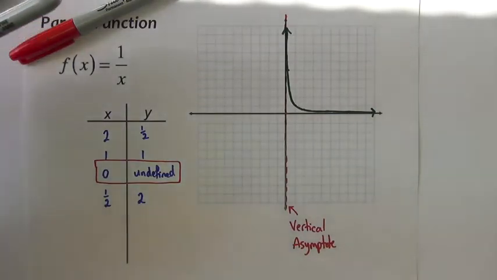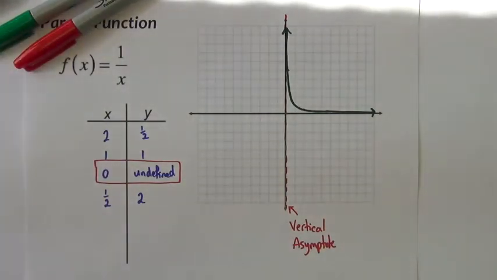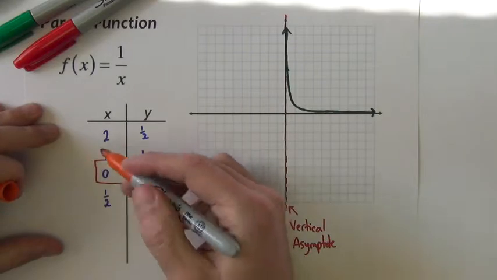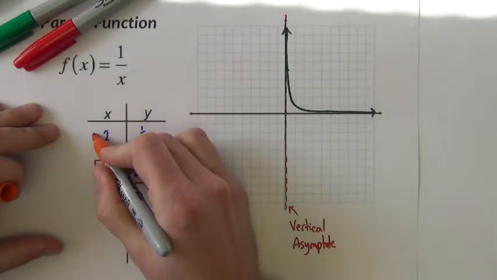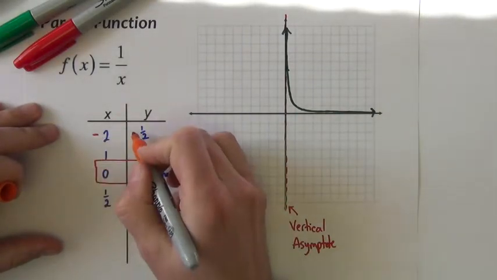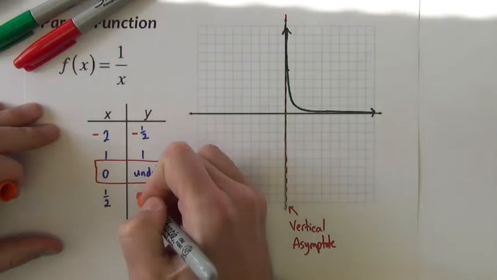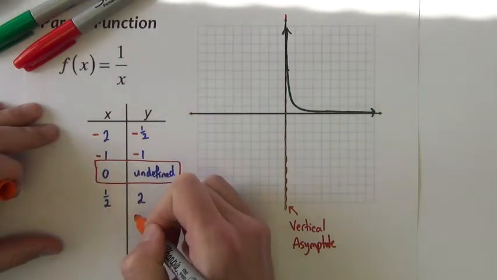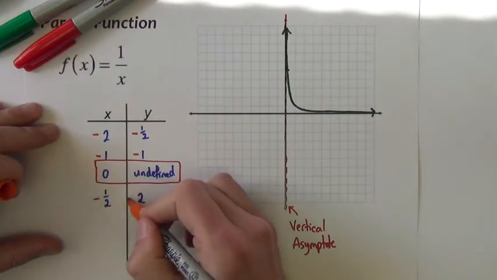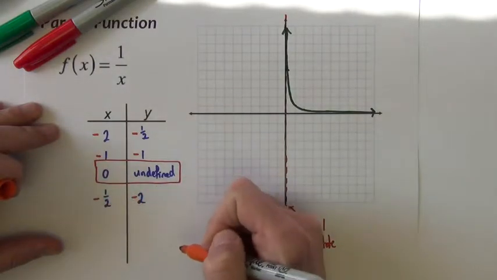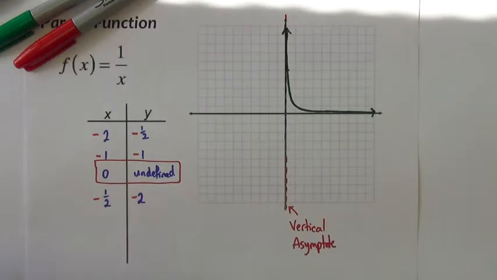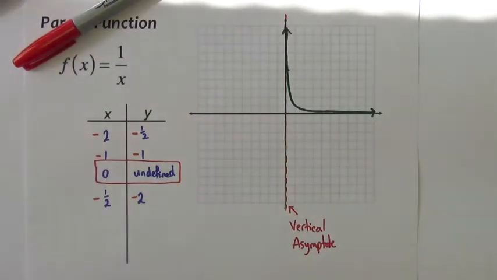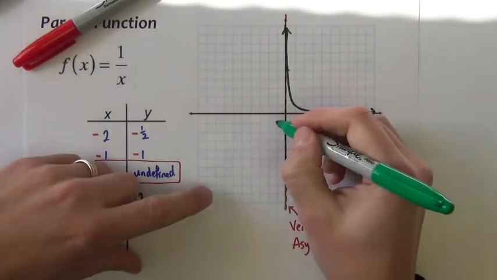Let's modify the table that we've got a little bit over here. It'd be easier because we're running out of room down here. If x was -2, we'd get -half. If x was -1, we'd get y of -1. -half for x would give -2 for y. We get essentially the same exact points, but just down into the third quadrant.